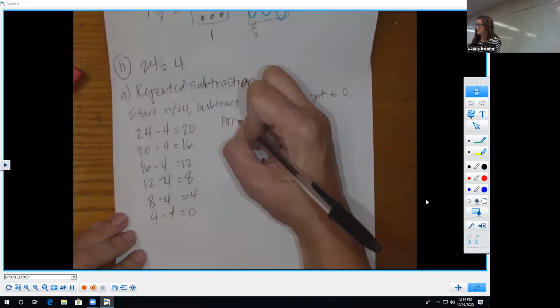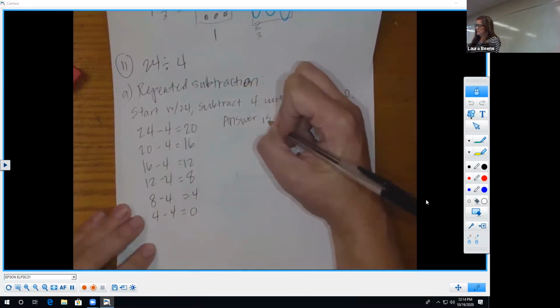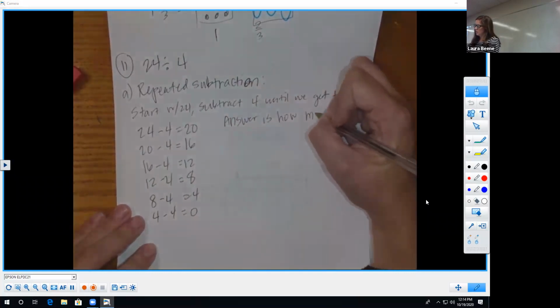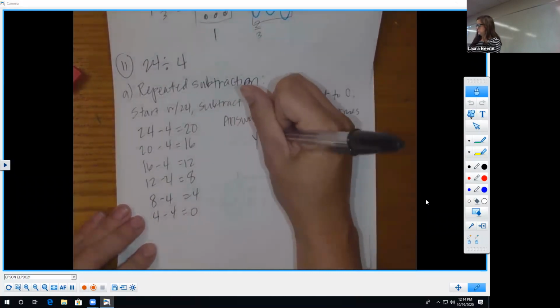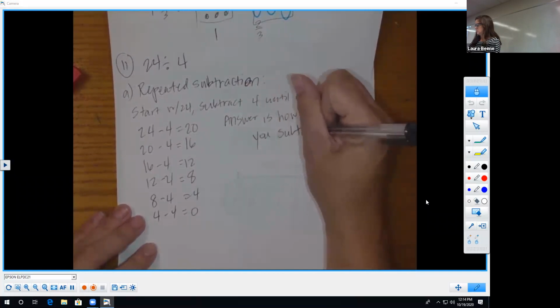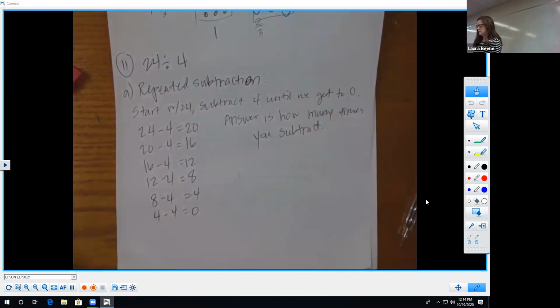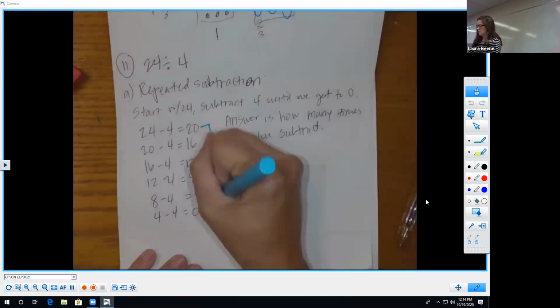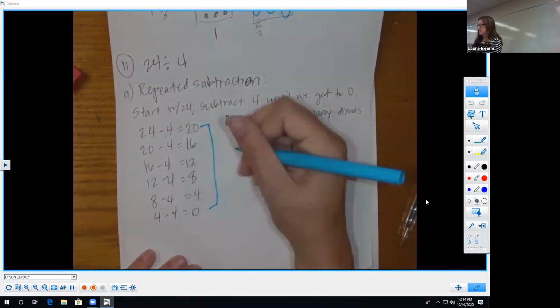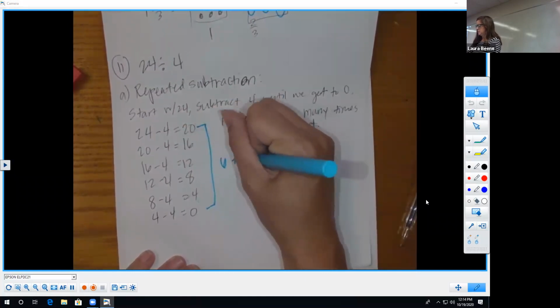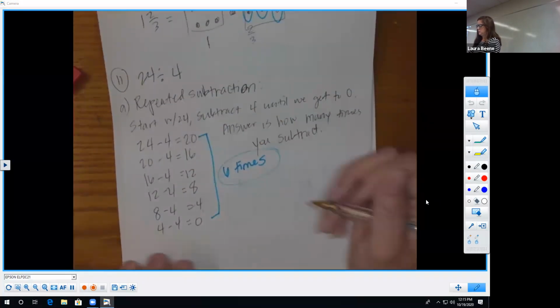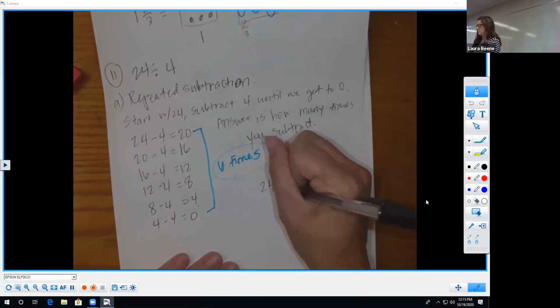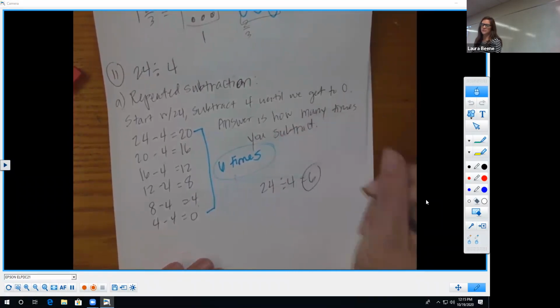Our answer is how many times you subtract. So I subtracted 1, 2, 3, 4, 5, 6 times. So my answer is 6. So 24 divided by 4 equals 6.